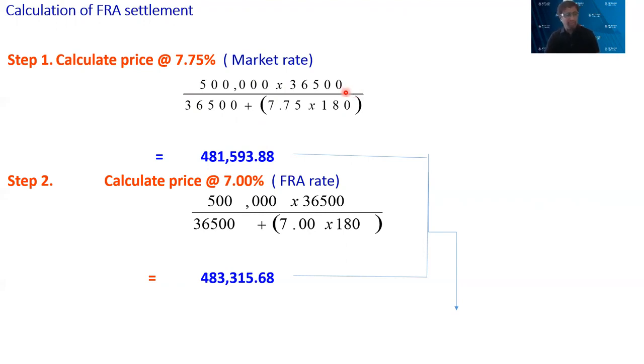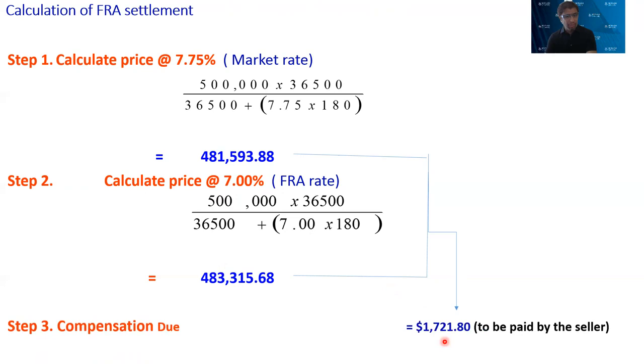It's a compounding interest, but this is just discounting, the time value of money, where you discount 500,000 for 180 days using the 7.75% rate, or discount rate. If you do the same thing using the 7%, you will find it to be 483. Now there is a difference between these, and this is where the settlement has to happen, which is 1721.80.